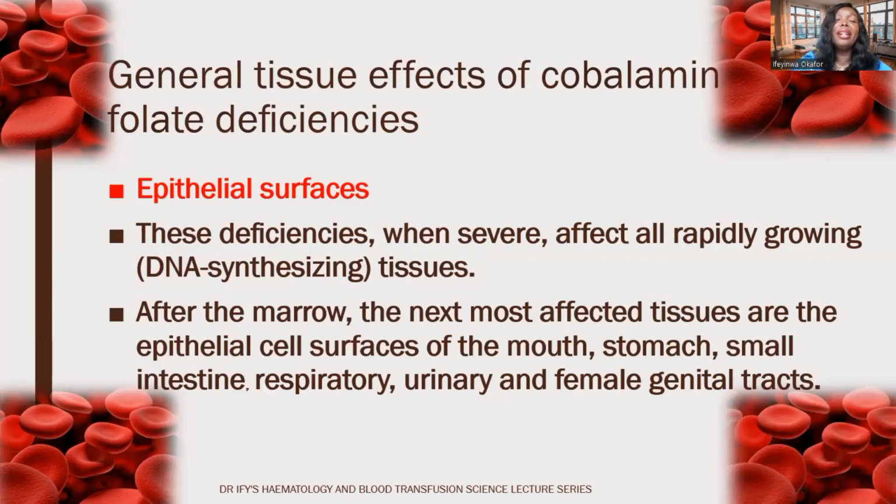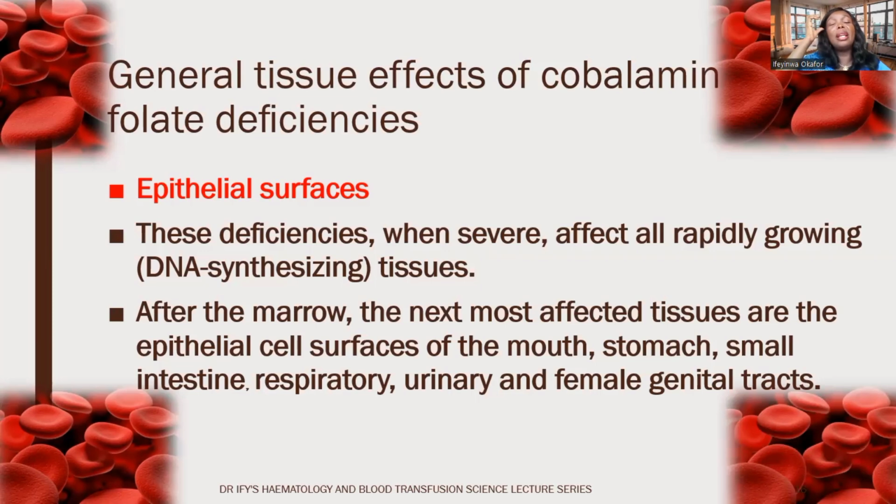Let us look at general tissue effects of cobalamin. Like we said, cobalamin and folate deficiencies affect all the proliferating cells in the system, all the cells in the body that undergo mitosis and meiosis.